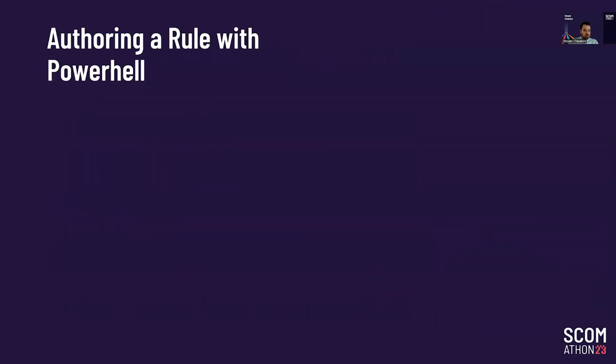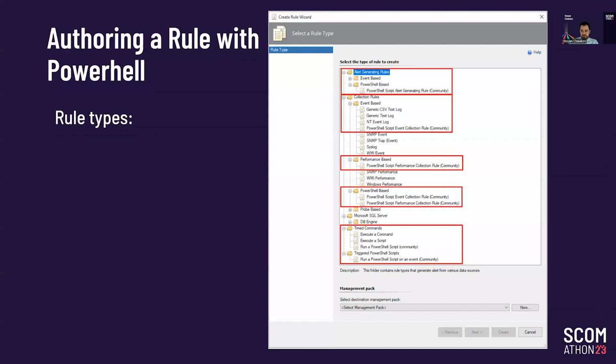Now, let's take a quick look at the options we have when creating a PowerShell-based rule. First, we have the possibility to create a PowerShell-based alert generating rule. The authoring process is similar to that of a PowerShell-based monitor, as seen in the previous slide. However, since it is a rule, there are no states involved, and the rule generates an alert based on a single criteria.